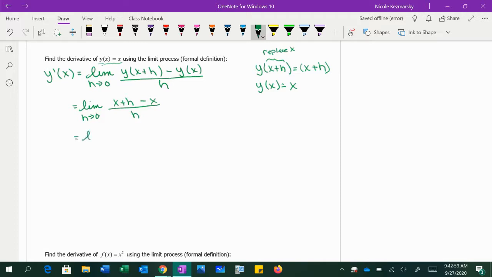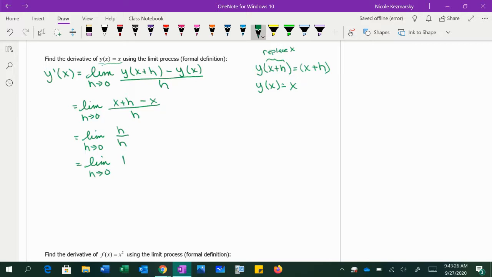So then in the top, I see x minus x. So I'm going to go ahead and cross those out, which leaves me with h over h. And so then h over h is 1.